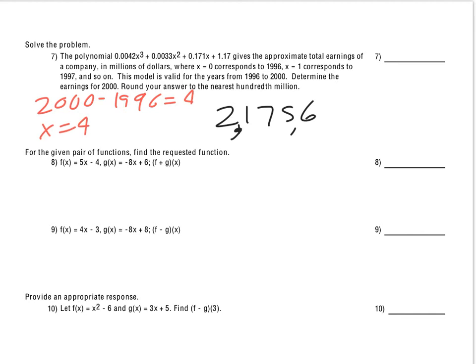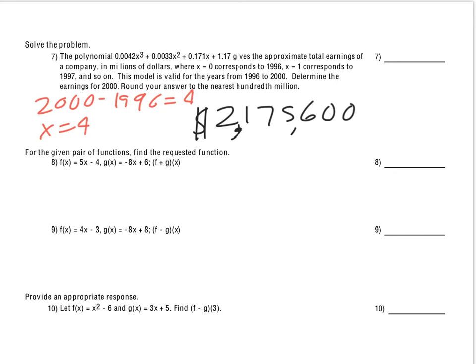That'd be $2,175,600. And again, nice to actually answer the question. But again, 2.1756 would be fine as well. Now they do say round to the nearest hundredth, and that would be fine. I guess in that case it would be $2.176 million.